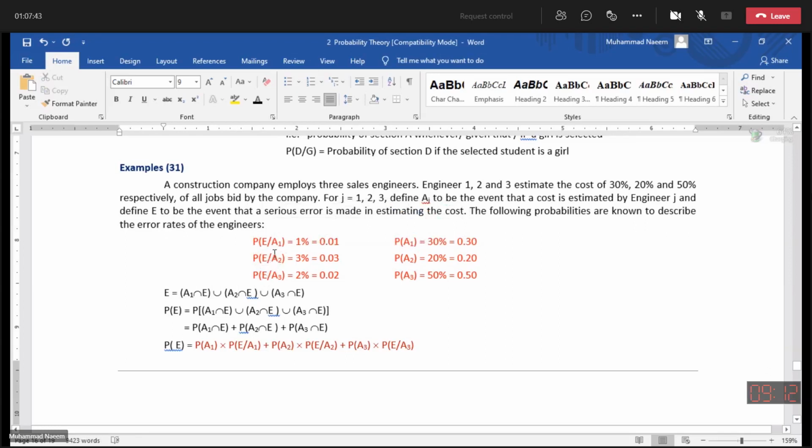But these probabilities of errors are associated with the condition that if engineer 1 estimates the cost, if engineer 2 estimates the cost, if engineer 3 estimates the cost, then we have the probability of the error.